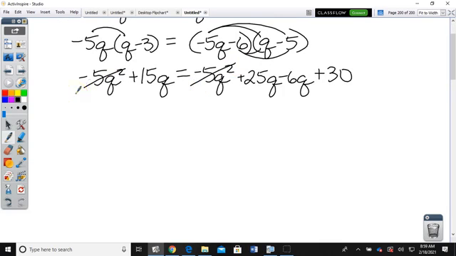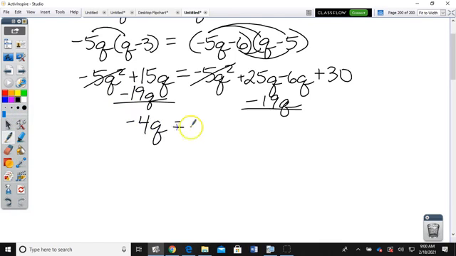What's 25q minus 6q? 19q. So I'm going to subtract 19q from both sides. That looks like plus 19q, I'm going to change that real quick. Minus 19q. That'd be negative 4q equals 30.